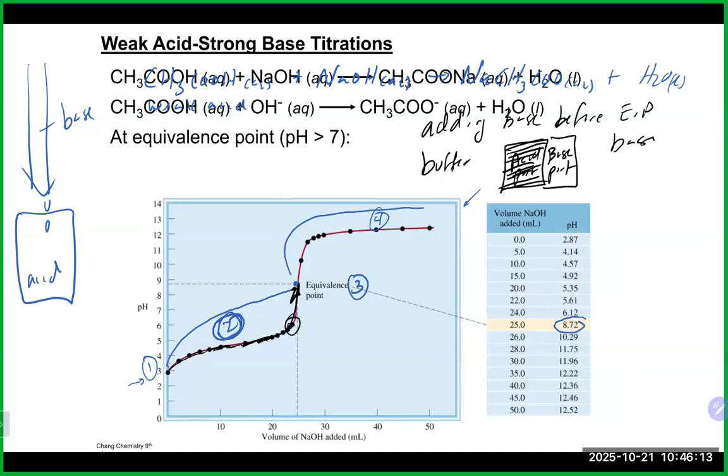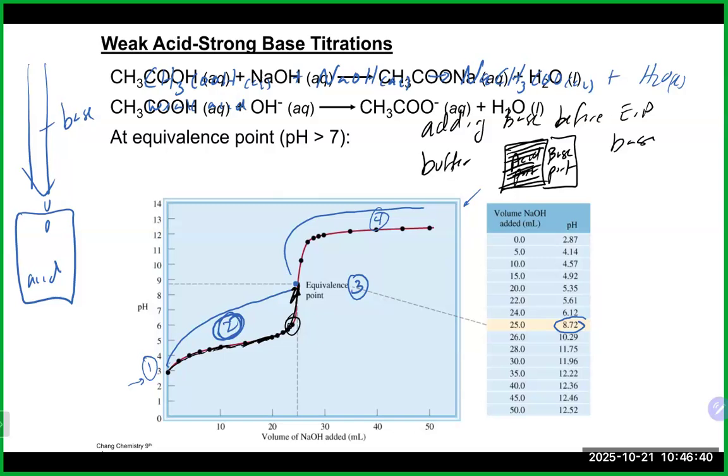Hence why, by the way, this is the titration you typically use your phenolphthalein for, because it works between like 8.3 and 10. Also why they yelled at you like, hey, stop around this first color of pink that you see, to try to keep you at that 8.3-ish range, 8.7-ish range, which is typically probably where you would end up in terms of the pH in that case. Any questions on that there?